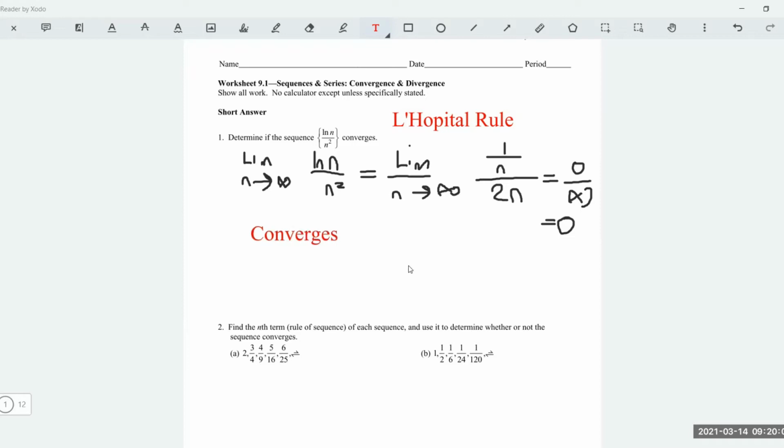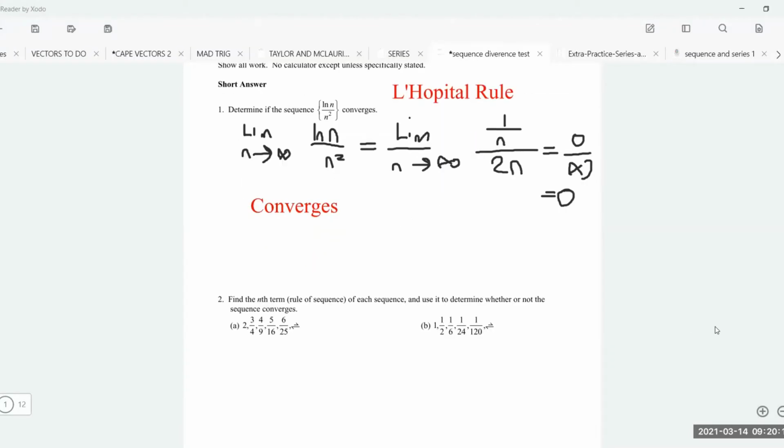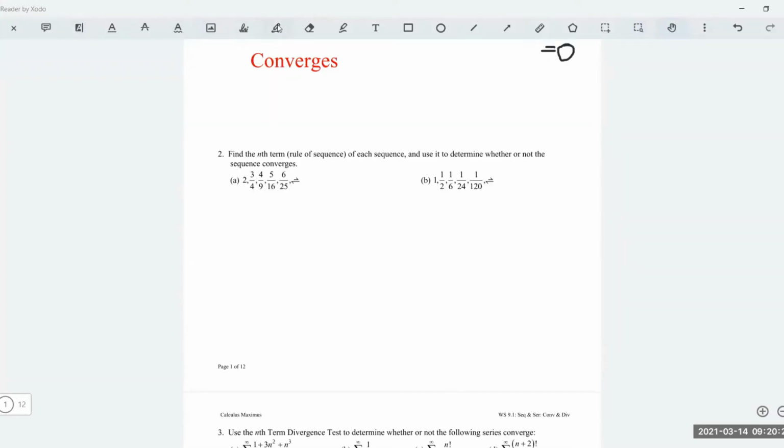Easy. All right, now let's look at the next question right here. The next question says, find the nth term of each sequence and use it to determine whether or not the following sequence converges. So let's find the nth term.